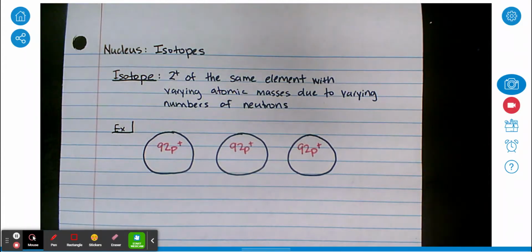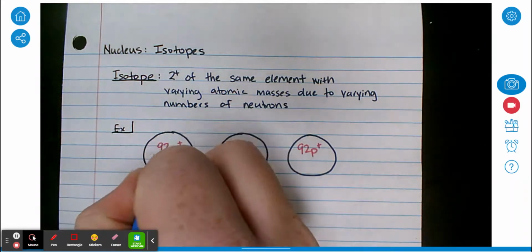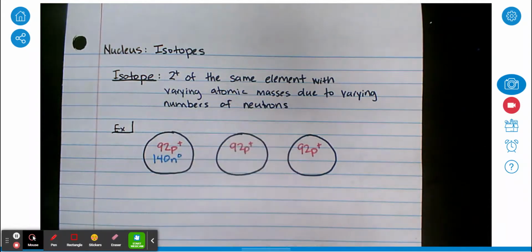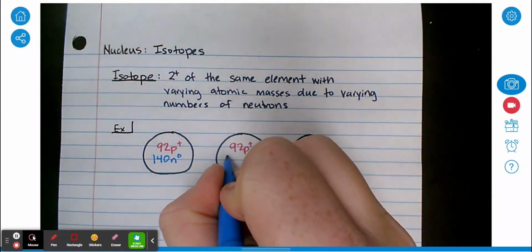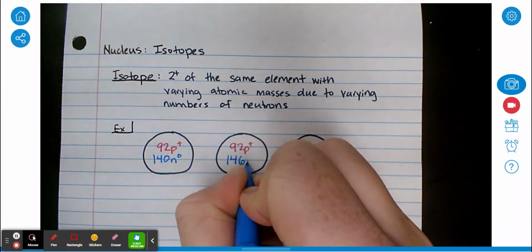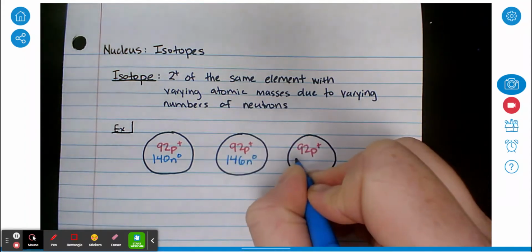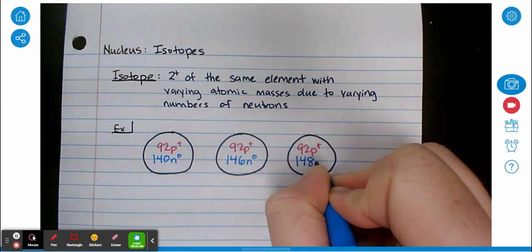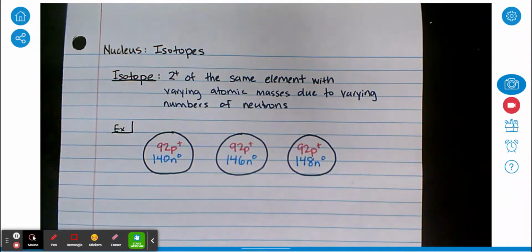So let's say in my first one, I'm going to do, one second, let me make sure my math is going to work, 140 neutrons in my first, 146 neutrons in my second, and then 148 neutrons in my third.